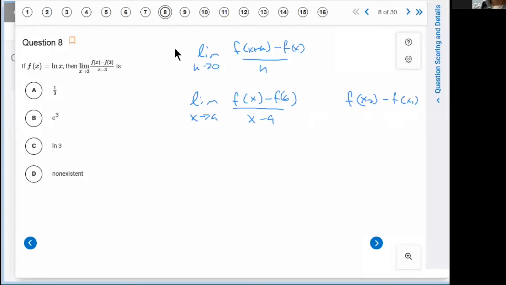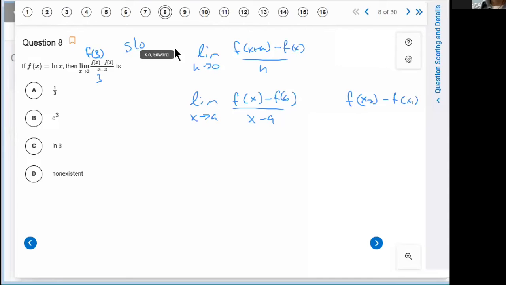Even if you did forget this, if you plugged in 3 here and 3 here, isn't f of 3 minus f of 3 just the same y point? And isn't 3 minus 3 the same x point? But you're taking the rise over run. This is just slope.